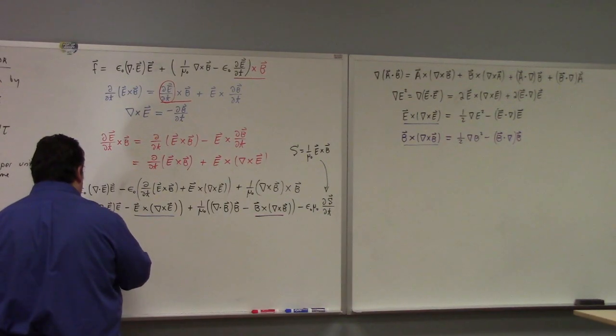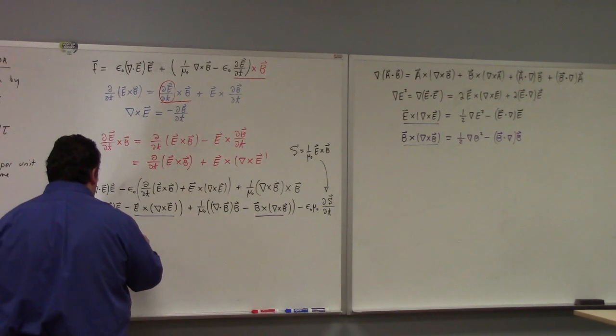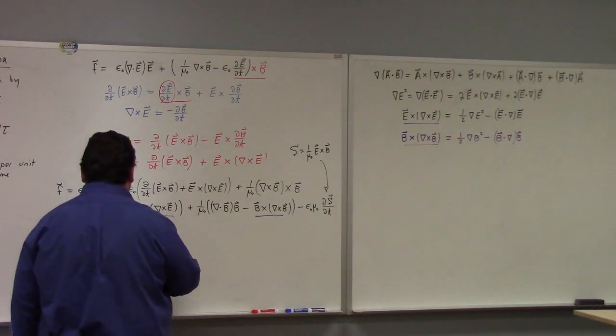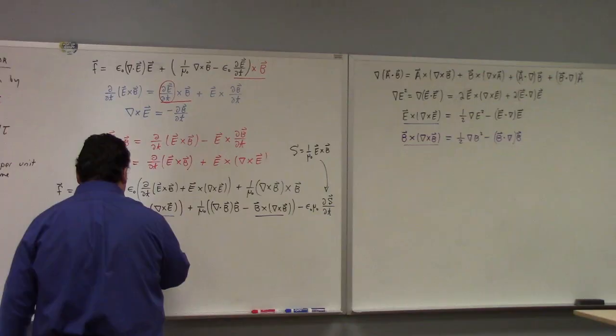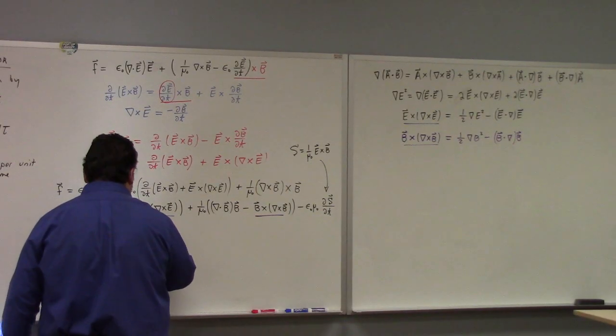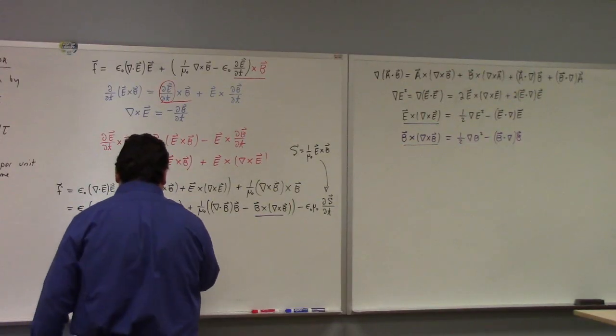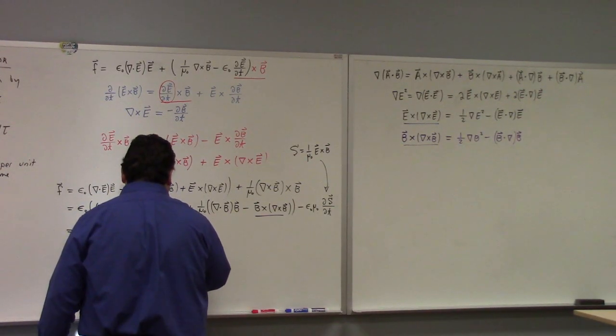nabla dot E times E plus E dot nabla times E, and then minus 1/2 nabla E squared.